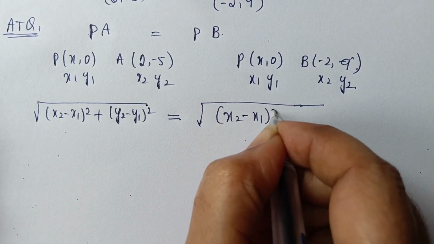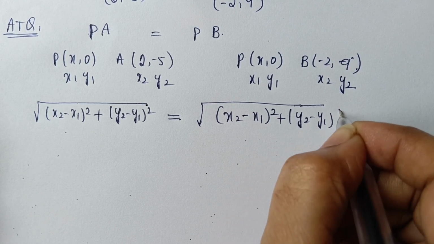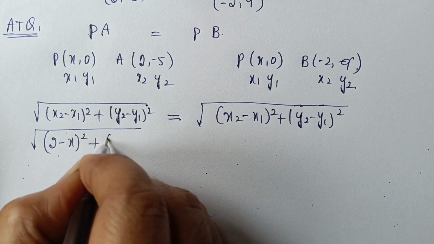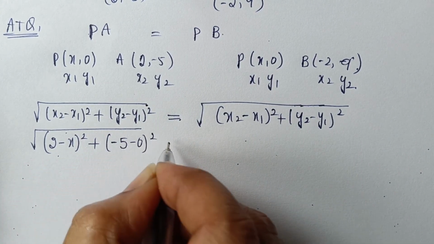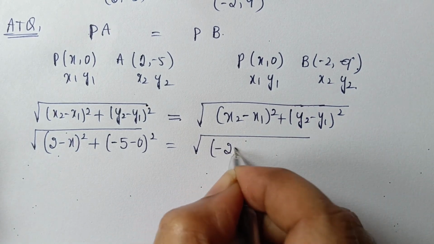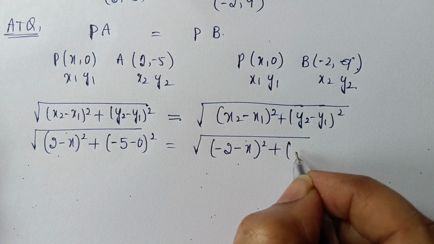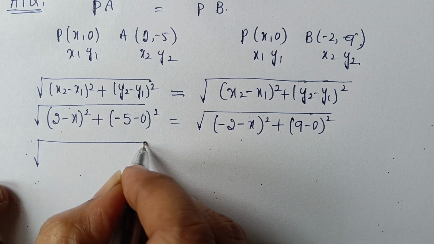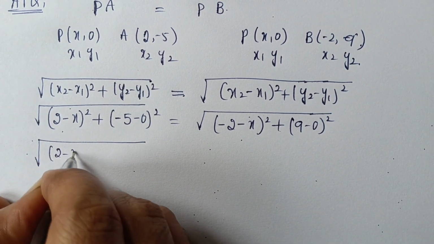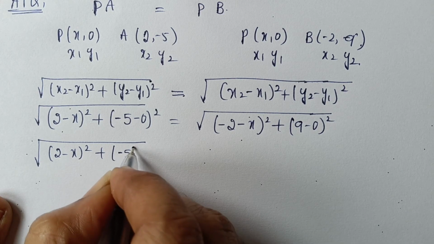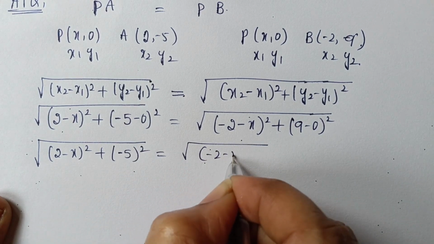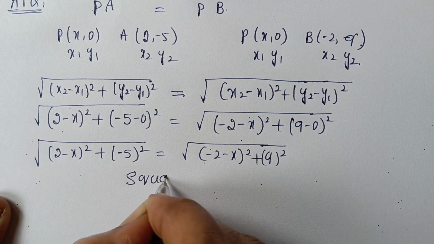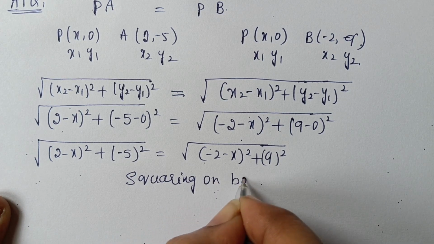Now substitute all the values: (2 minus x) whole square plus (-5 minus 0) whole square, equal to square root of (-2 minus x) whole square plus (9 minus 0) whole square. Now squaring on both sides.